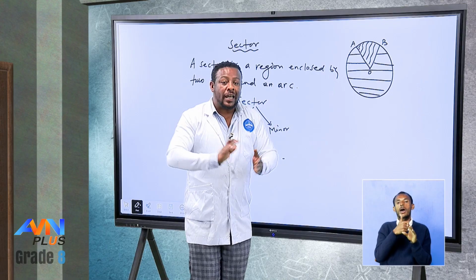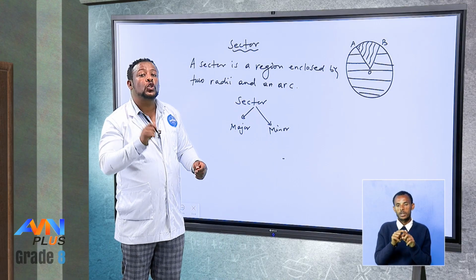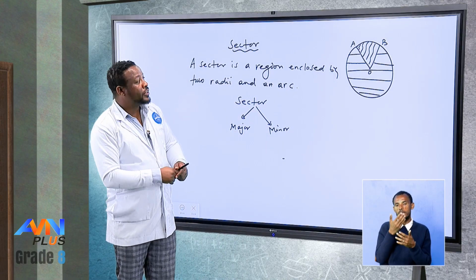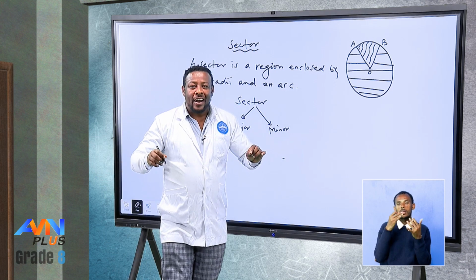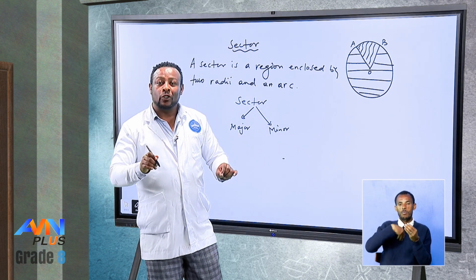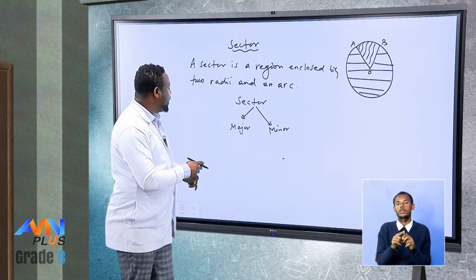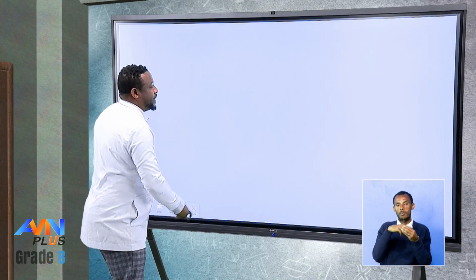Okay, so this is another terminology that you need to know in the discussion of a circle. Now we are left with one more terminology for today, which is about segment.